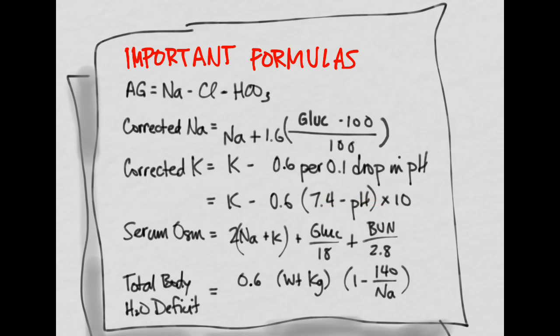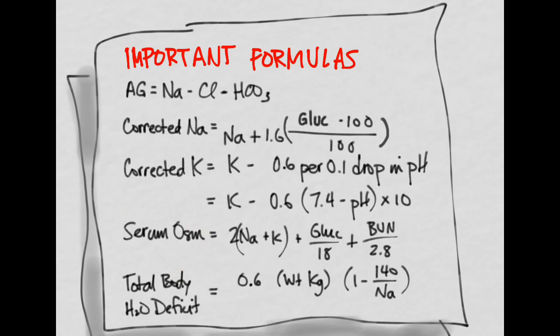And then 0.4 times 10, that's 4. And then 4 times 0.6 is 2.4. So you'll be subtracting 2.4 from the potassium. So that number that you get is actually lower. So you have to be very careful with the potassium, right? It's going to come up looking higher than it actually is. So be warned about that.